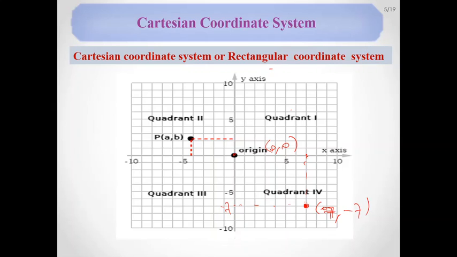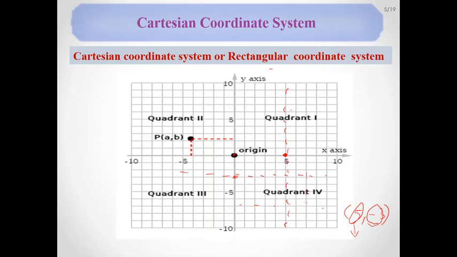And also we should be able to locate the point when the coordinate is given. For example, you want to find, let's say, 5, -3. Here, you go to x, on the x-axis, to find 5, then you make this vertical line, and you find y, -3 on the y-axis.